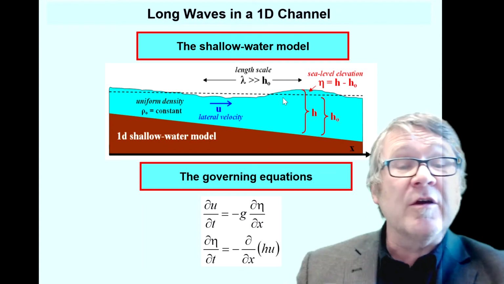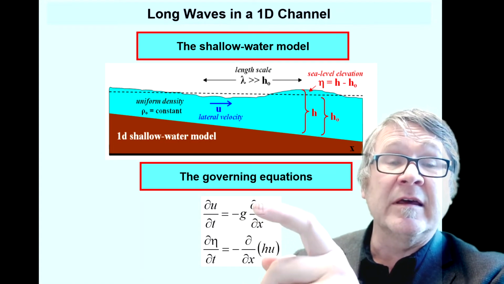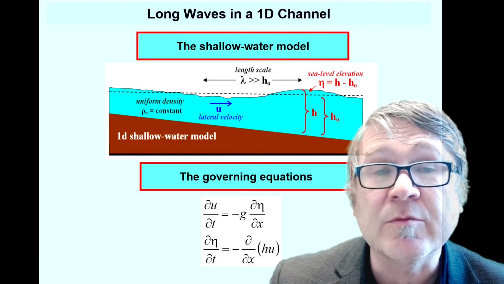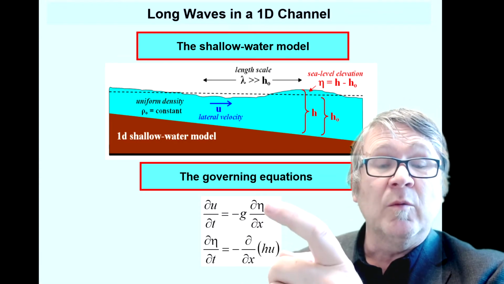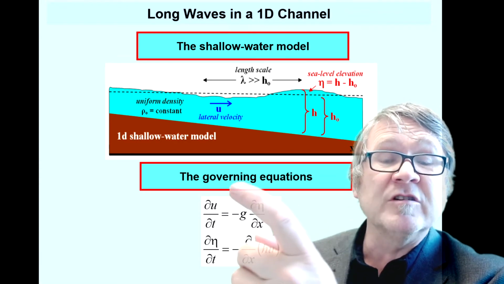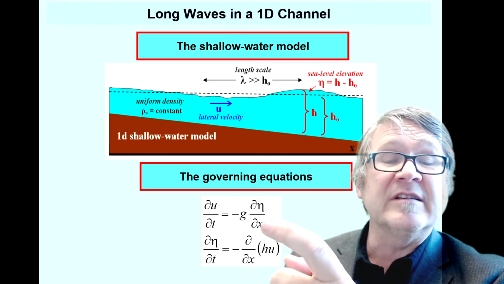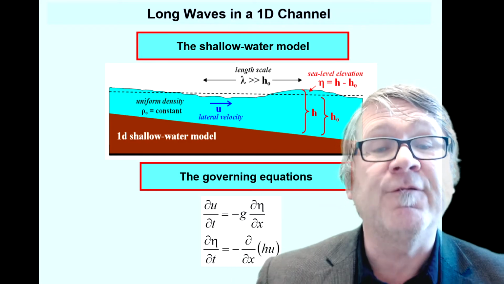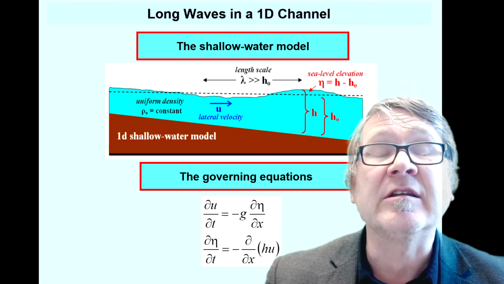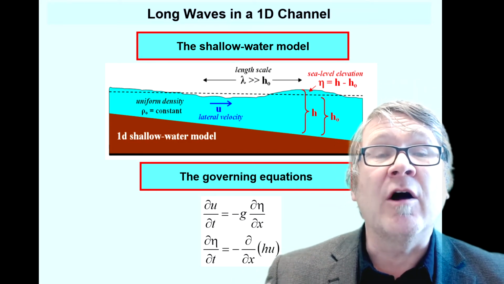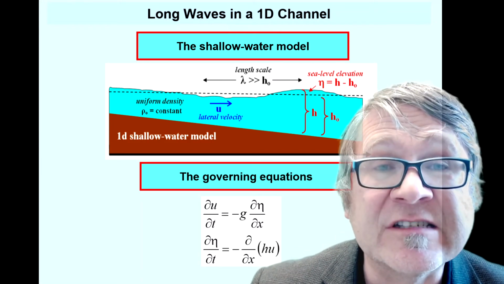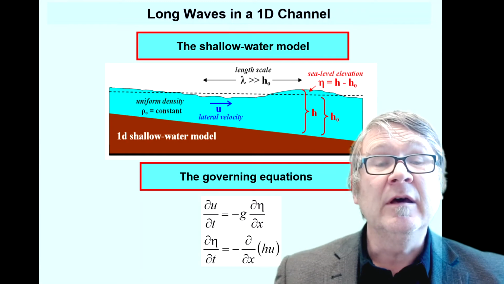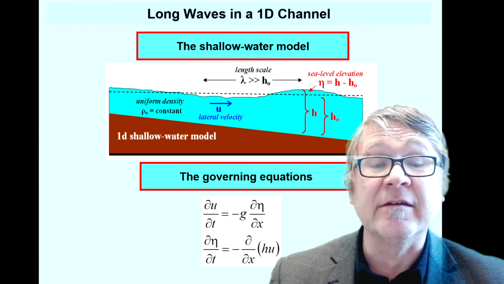So the governing equation I've written down here is we have a momentum equation, which is the first bit, which tells you if you have a force on the right-hand side, it results in an acceleration, which is on the left. And the force is associated with a horizontal gradient, a slope of the sea level, which can be positive or negative.